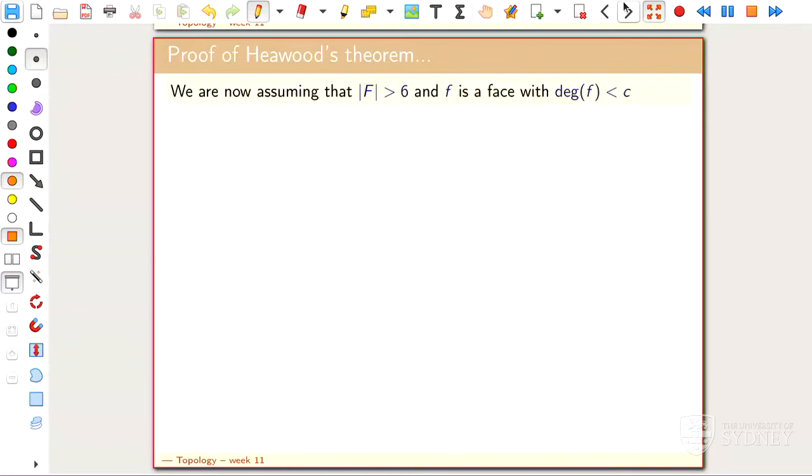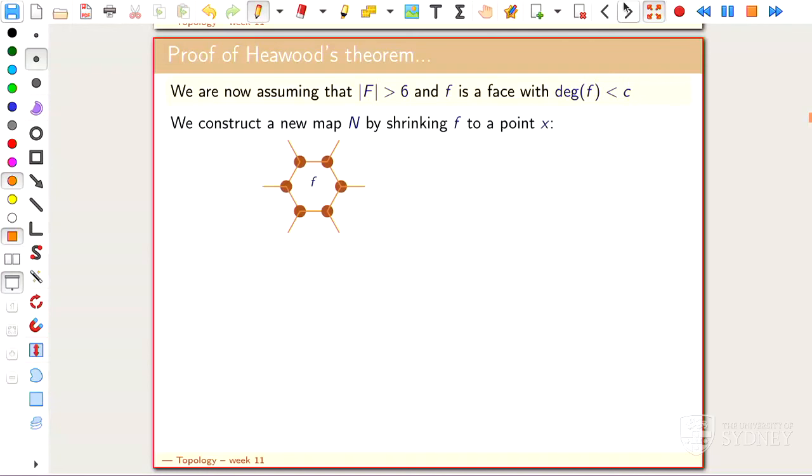What could we do? Well, we can take that face. So here's my animation. It's not really an animation. It sits somewhere in our map. Well, there's some crazy map outside. I don't know what it is, but I know that I have a face. In this case, the face degree is, for example, 6. Fine. And whenever we have this face, you can do a very nice trick, actually.